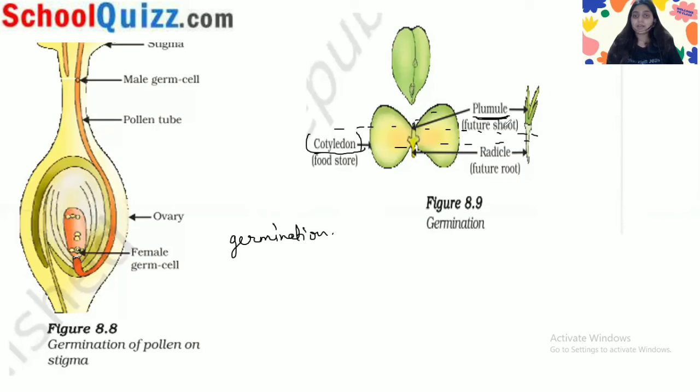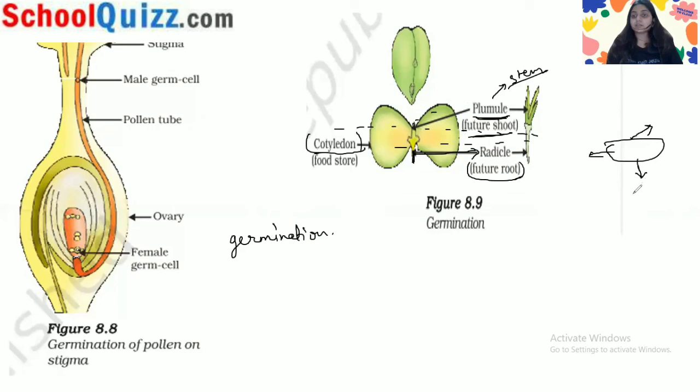The plumule further goes into a stem, or as written here, the future shoot, and this is the root part, called the radicle. This turns into a root in the future. So in the seed you have three parts: the cotyledon, the plumule, and the radicle.